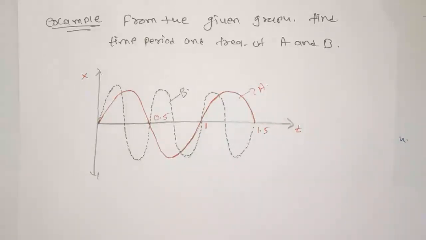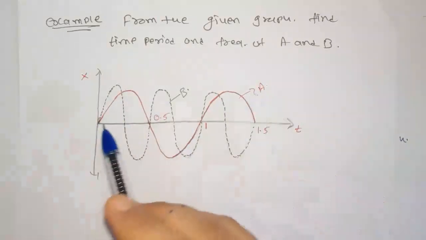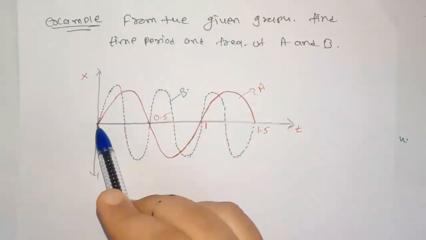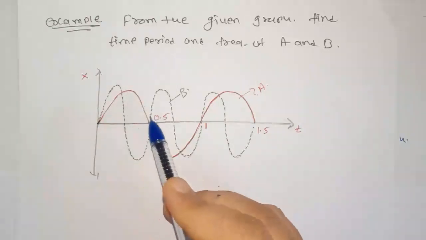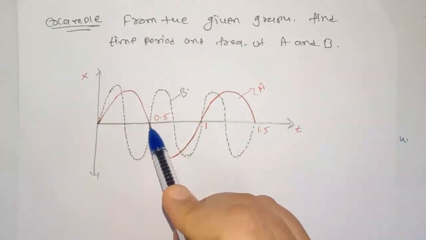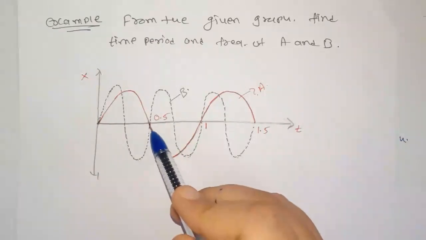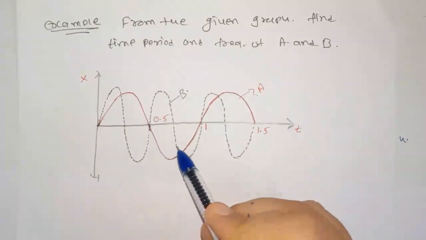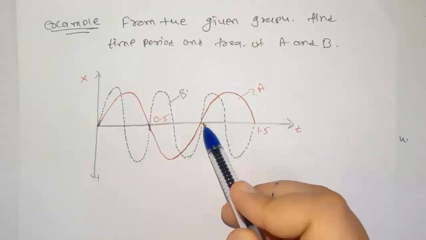Here, the time period is the time after which the motion repeats itself. First, let's say for A, it starts from mean position, it increases, then again is at mean position. After that, it moves in the negative direction and again reaches mean position.